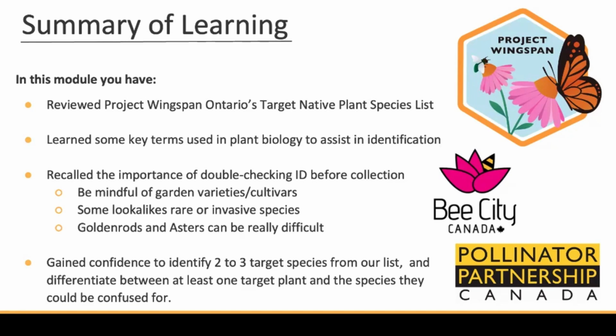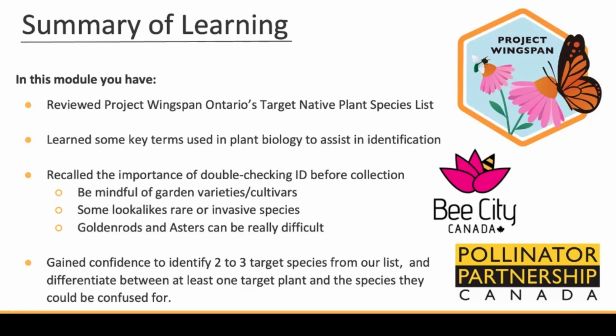In this module, we reviewed Project Wingspan Ontario's target native plant species list, and we learned some key terms used in plant biology to assist in identification. You would also be able to recall the importance of double-checking ID before collection, that cultivars look really similar and we don't want to collect those seeds, that rare or invasive species, like the dog strangling vine discussed in previous modules, can be lookalikes to some of the species we're collecting.